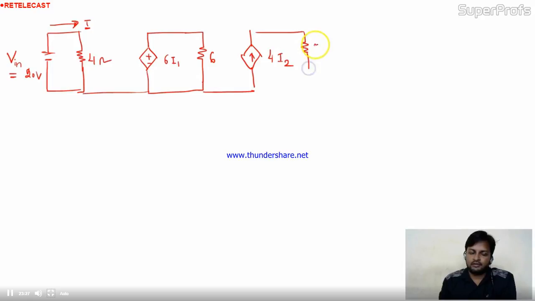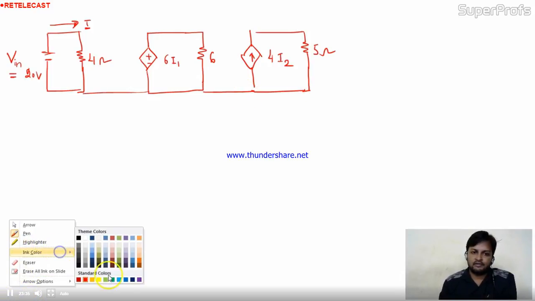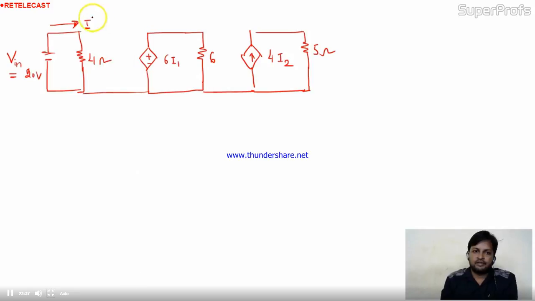Here a 5 ohm resistance is there, and I'll mark the various currents in the circuit. Here is the current I1, and this current is I2. This current is the output current, and the voltage across the 5 ohm is V out.